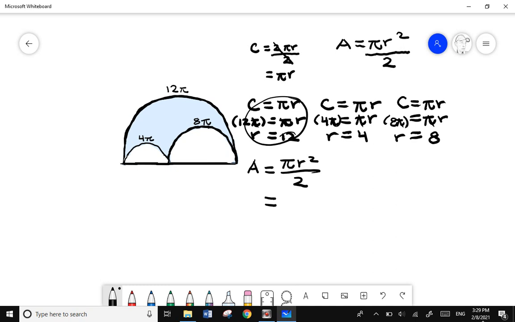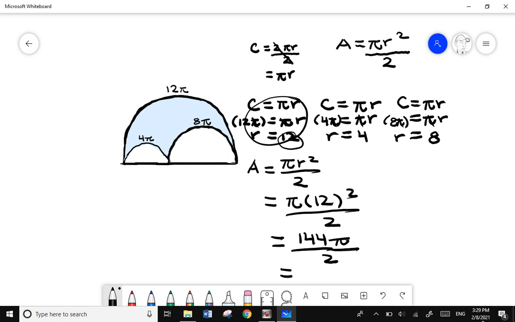We know the radius is 12. So let's substitute r equals 12 into this r over here. What's 144 divided by 2? It's 72 pi.